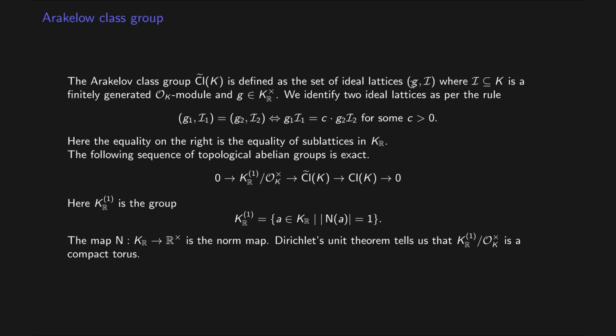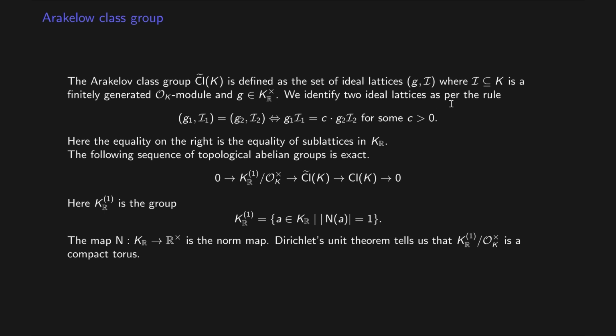So the pairs of element g and I, where I would be some fractional ideal inside of K, and g be any element of our Minkowski space associated to K, such that all of its coordinates are non-zero. So that in the coordinate multiplication, it will be an invertible element.